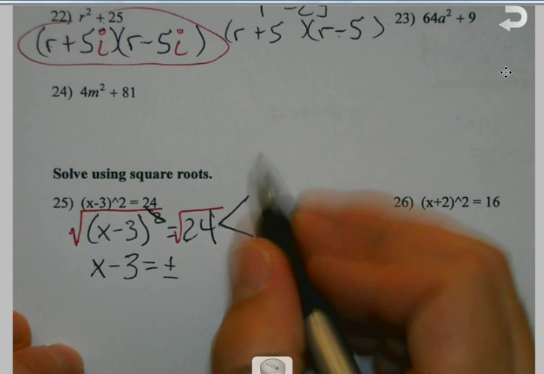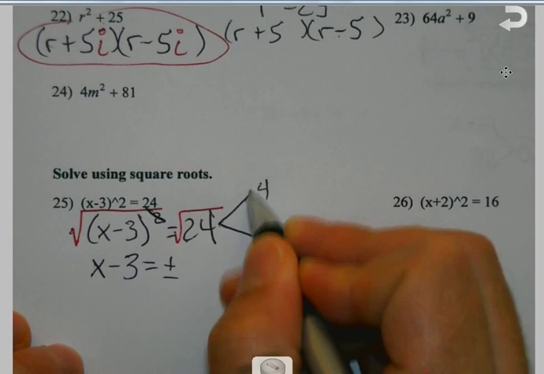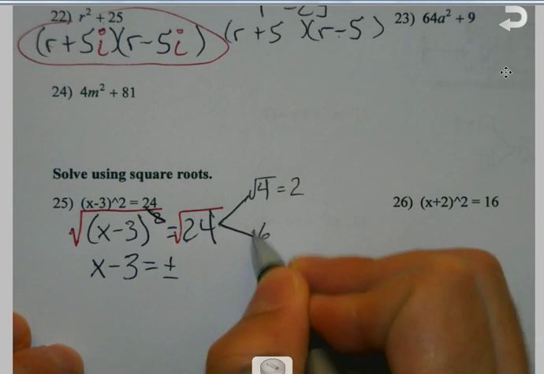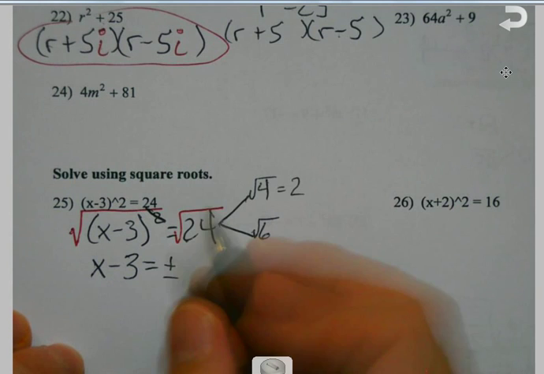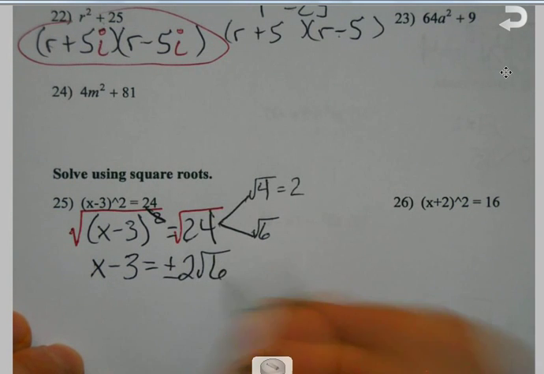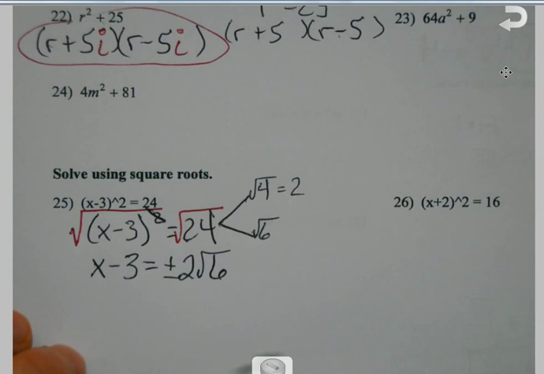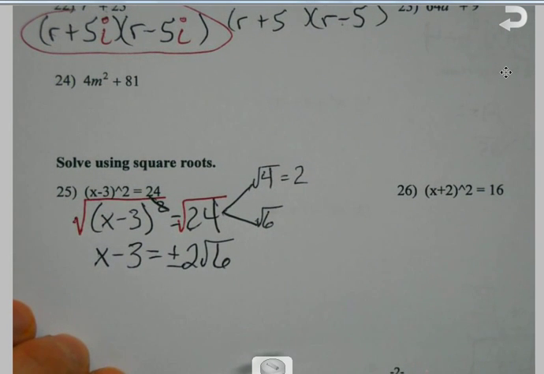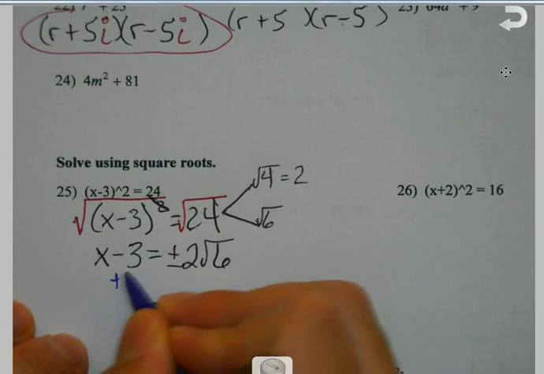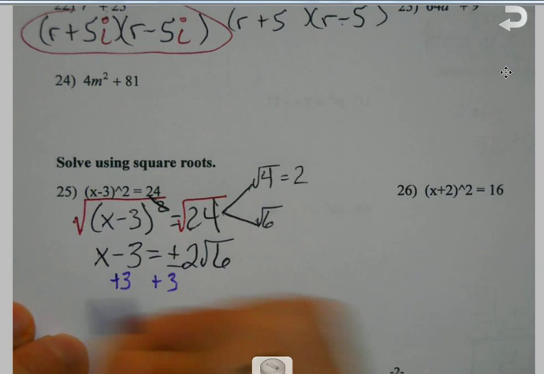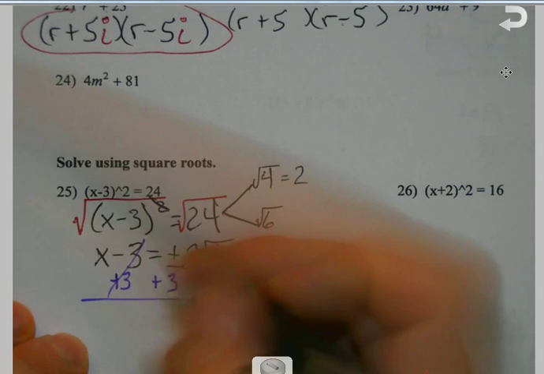Okay, it will be, yes, because it's 4 and 6, and the square root of 4 is 2. So 2 square root of 6. And again, this part comes from practice, breaking down radicals just like anything else. And then I just got to get my x by itself.